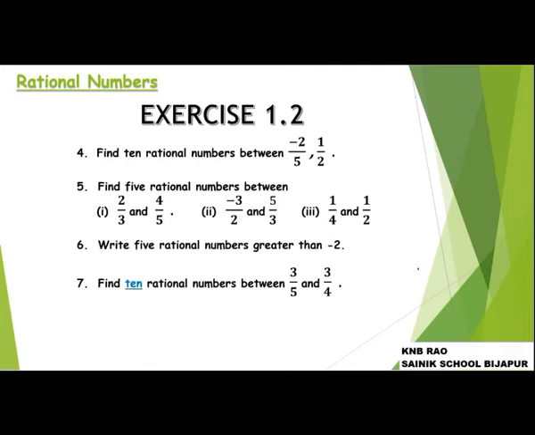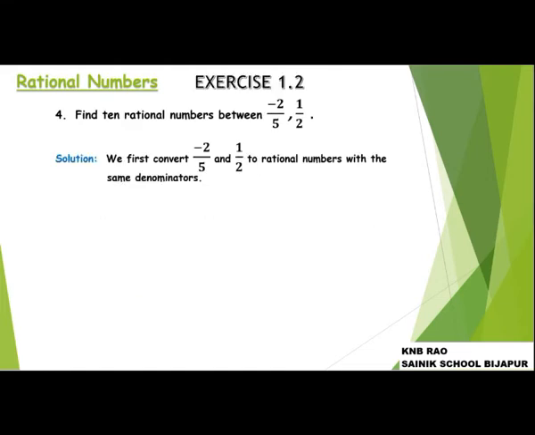Now coming to the 4th question of exercise 1.2. Find 10 rational numbers between minus 2 by 5 and 1 by 2. We will use the knowledge of writing these 2 rational numbers with the same denominator. We will write minus 2 by 5 and 1 by 2 with the same denominator.